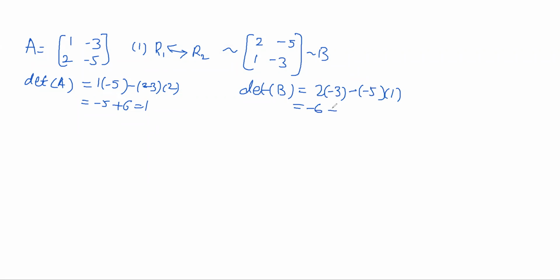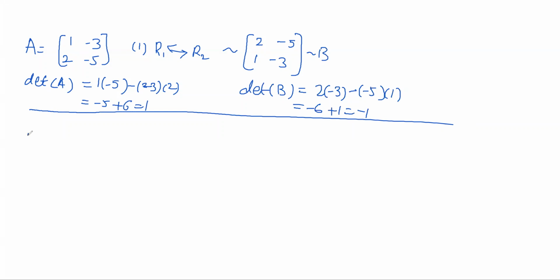So it is -6 plus 5, so it is -1. This means that by interchanging the rows, the determinant changes sign. I think we have already done this, so I don't need to repeat this type of example.